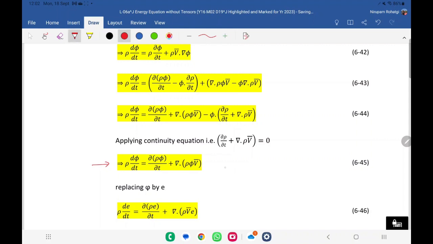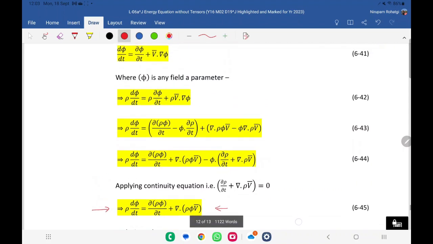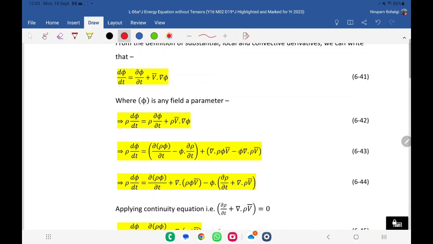This equation is for your general phi parameter. You remember here, this is the equation for total, local and convective derivative, and you are multiplying it by rho here.